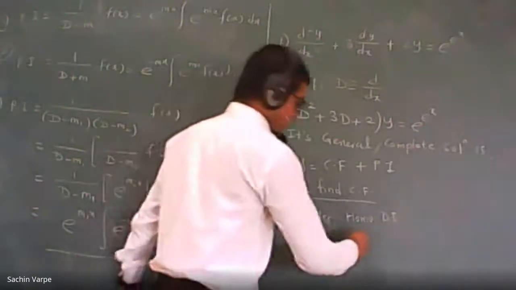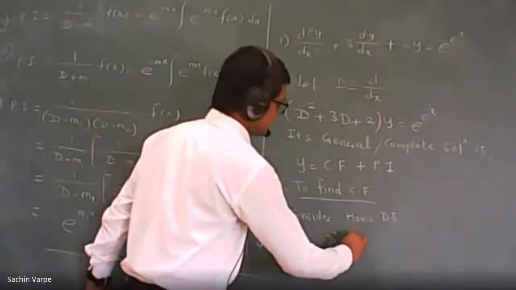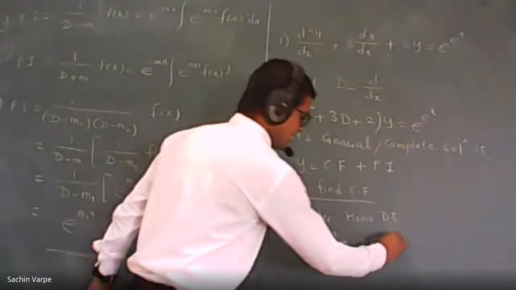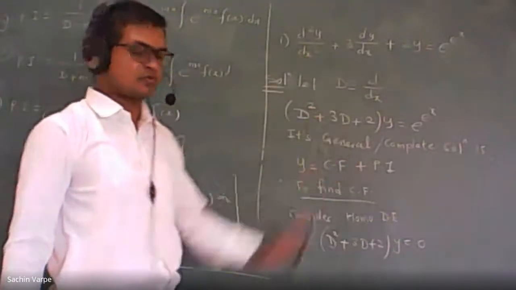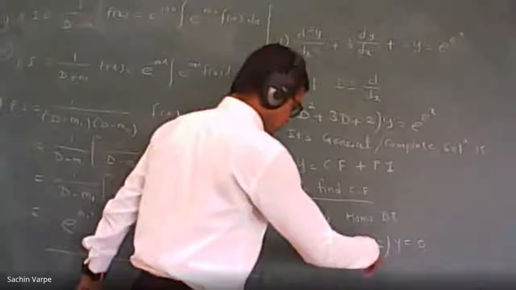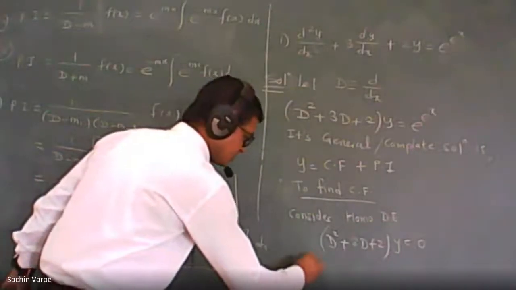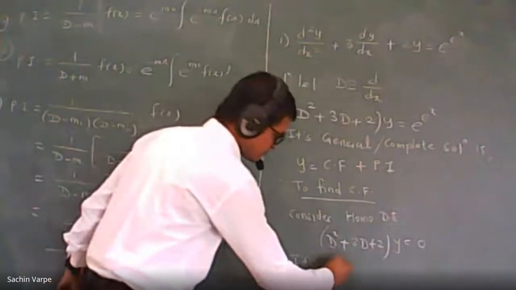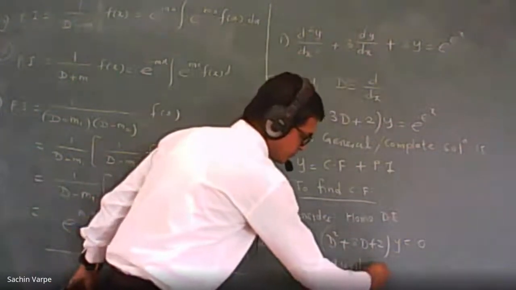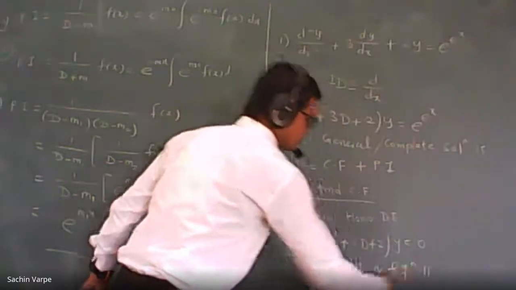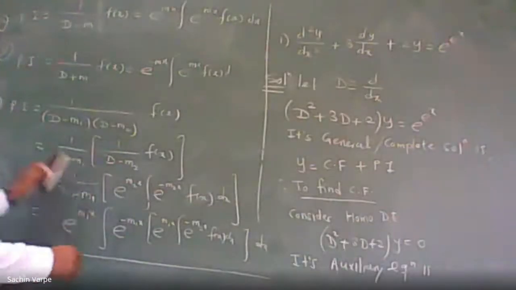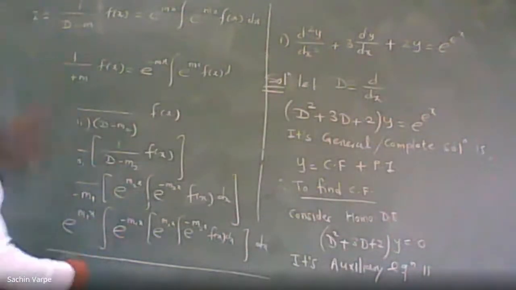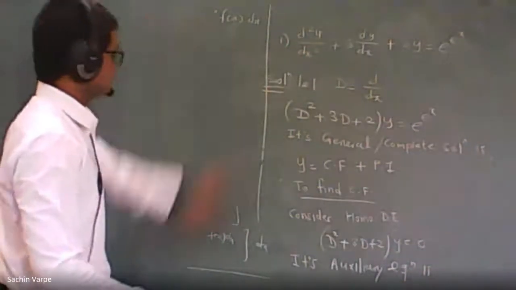What is that? D square plus 3D plus 2 times y equal to 0. This is the homogeneous differential equation. That means we have considered the right hand side to be 0. Okay. So its auxiliary equation, is it visible? What is the auxiliary equation of this? D square plus 3D plus 2 equal to 0. Exactly. So write that auxiliary equation, D square plus 3D plus 2 equal to 0.